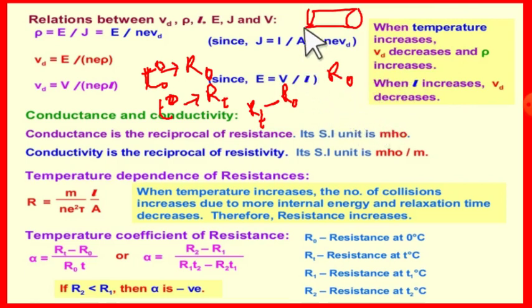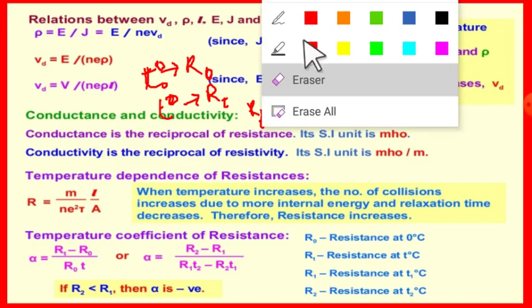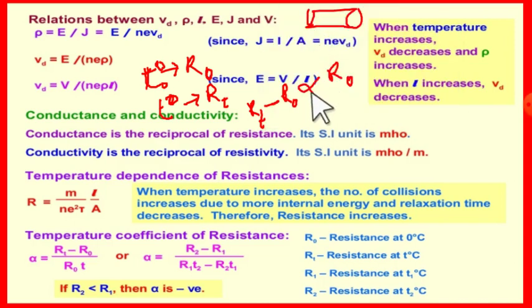That means it is directly proportional to the initial resistance times the rise in temperature. That T degree minus T naught is represented by this T. This T is nothing but the rise in temperature.